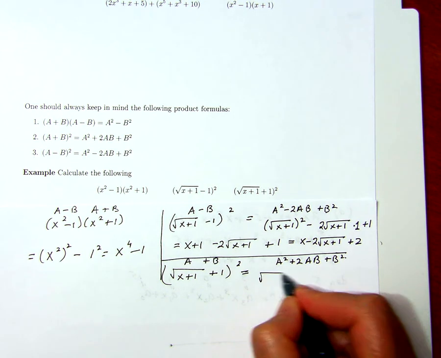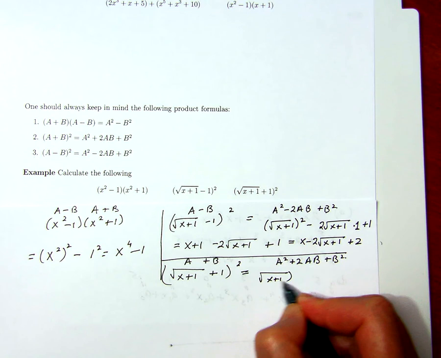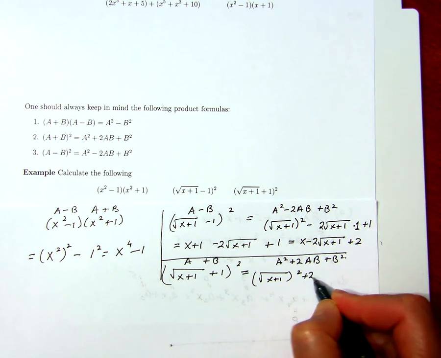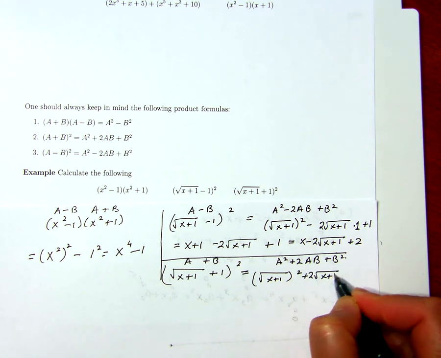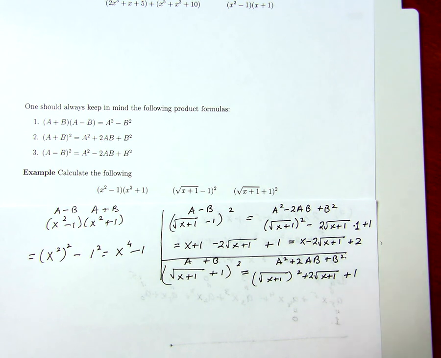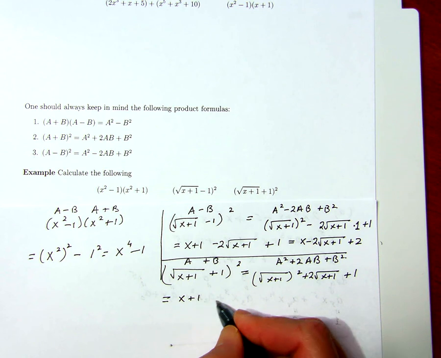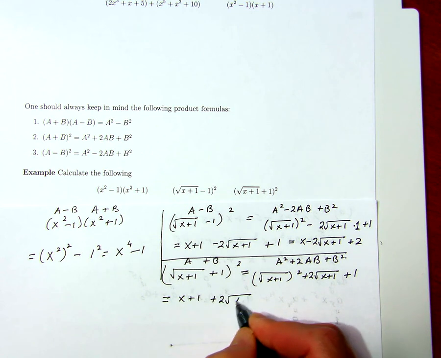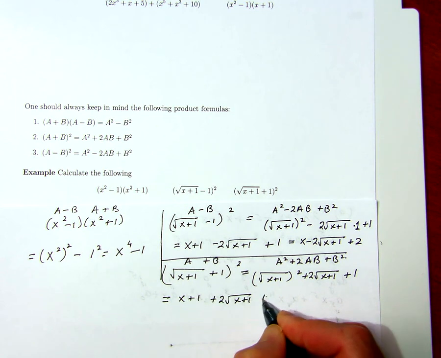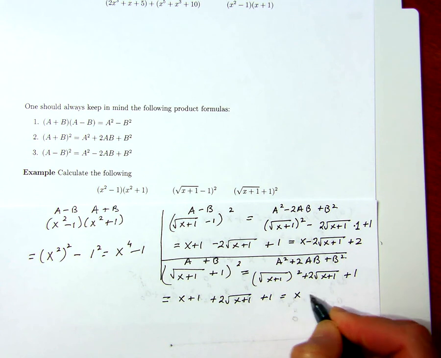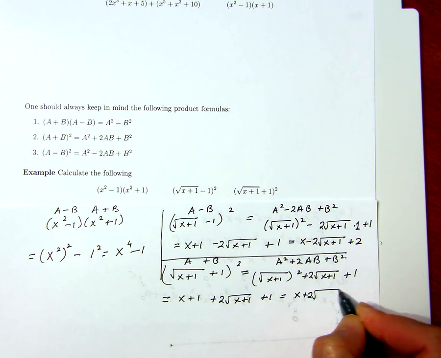And so that's the square root of x plus 1 squared plus 2 times the square root of x plus 1 times 1 plus 1. And now that's equal to x plus 1 plus 2 times the square root of x plus 1 plus 1. And that's x plus 2 times the square root of x plus 1 plus 2.